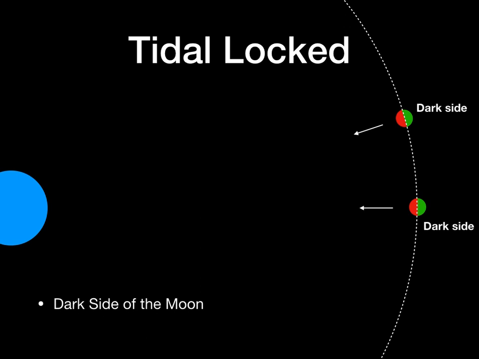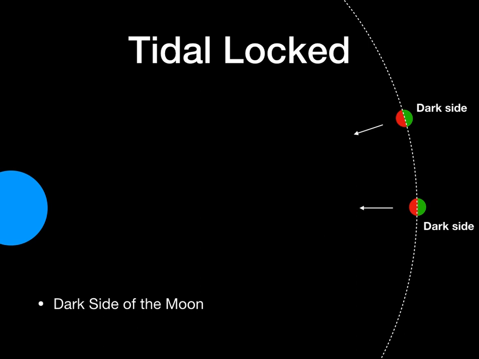And so we call that green side that we can't see from the Earth the dark side of the moon. Now, in reality, it's not always dark over there because it depends on the sun, not on the orientation of the moon. But the key thing is that the moon is tidally locked because of the gravitational field from the Earth and the non-symmetrical features of the moon, and it's locked.